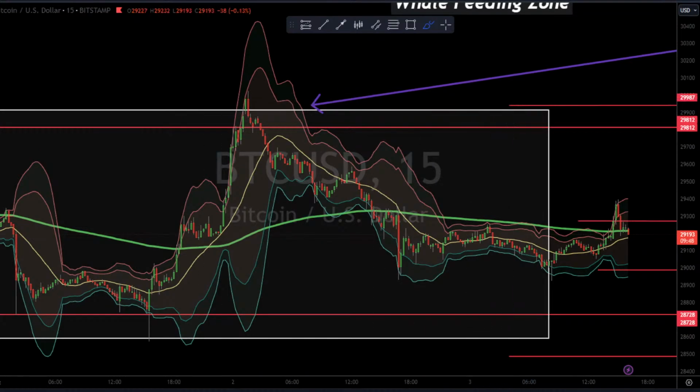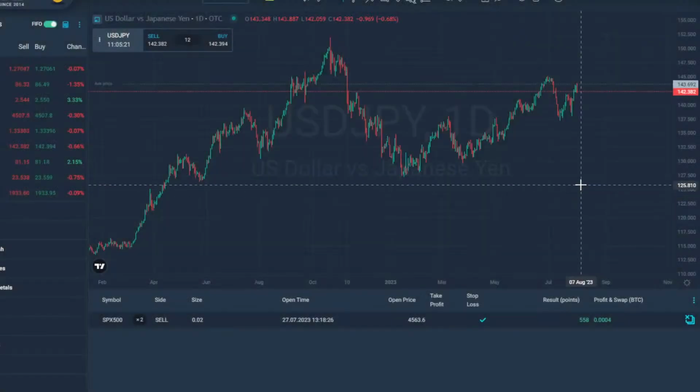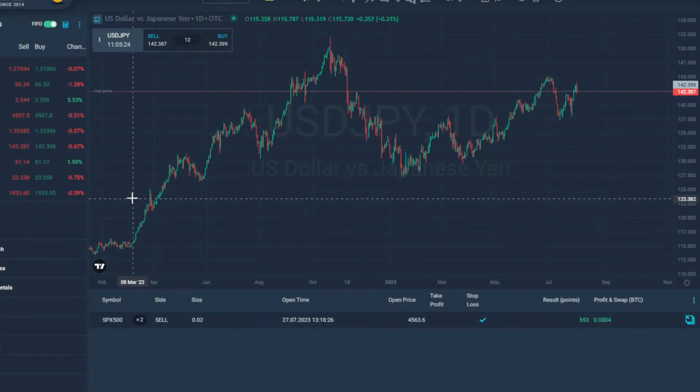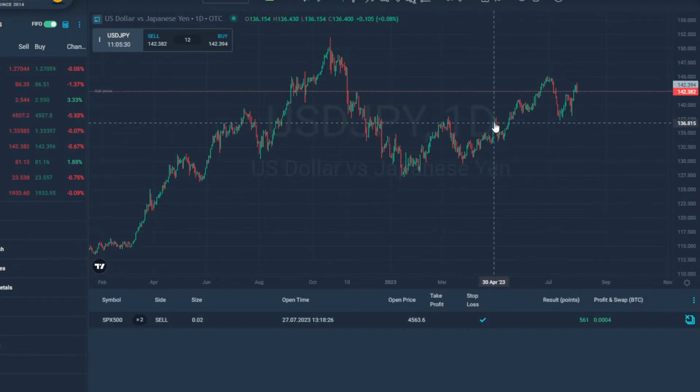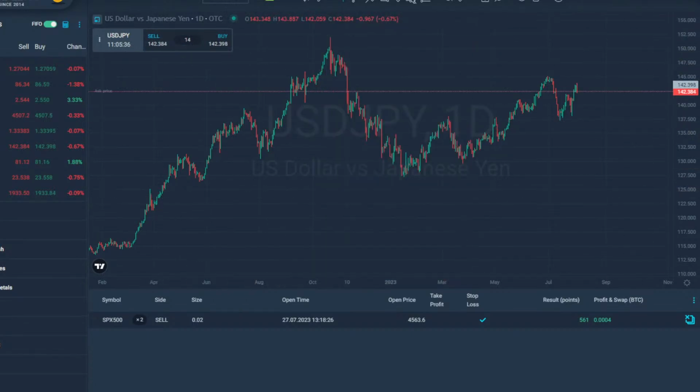Okay, now let's finish up with Japanese yen and go into SimpleFX and see what it would cost us to trade Japanese yen. My S&P 500 trade is in profit. It's a tiny trade, it's going to be great for bragging, right? But on this account, if I was to sell Japanese yen right now, it would take 0.7 Bitcoin. Let's go to the US dollar one so I don't have to think.